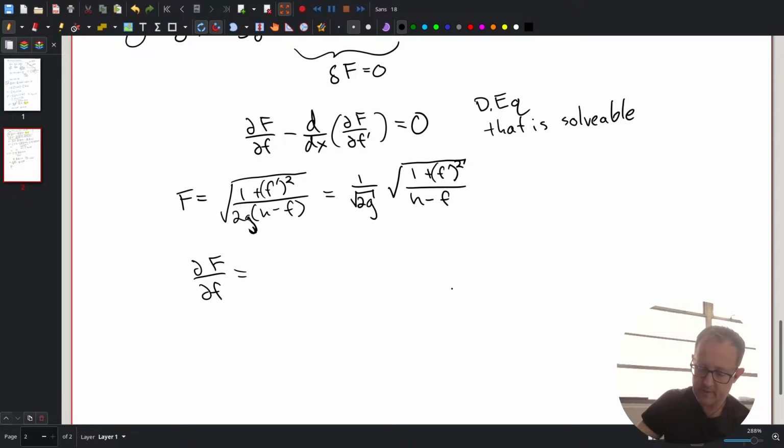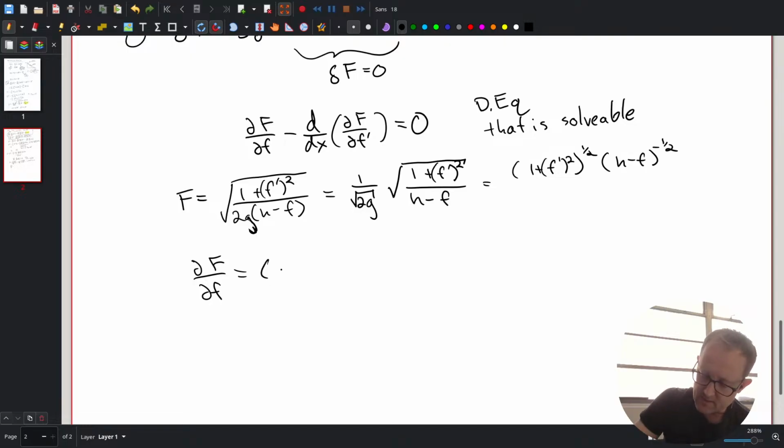The change in big F with respect to little f is going to be negative 1/2, or wait, really this is 1 plus f prime squared to the 1/2, and then times h minus f to the negative 1/2.